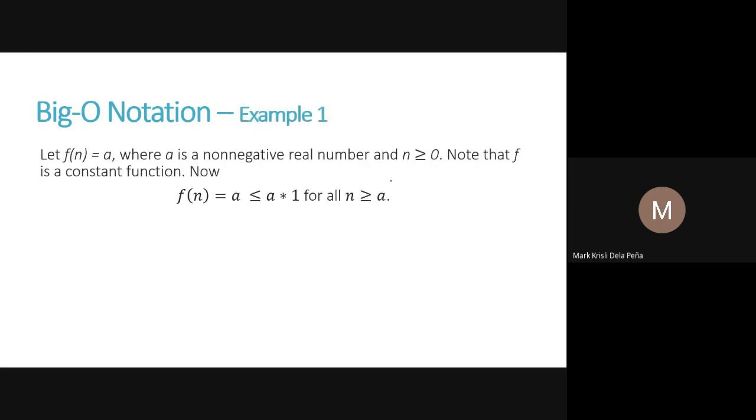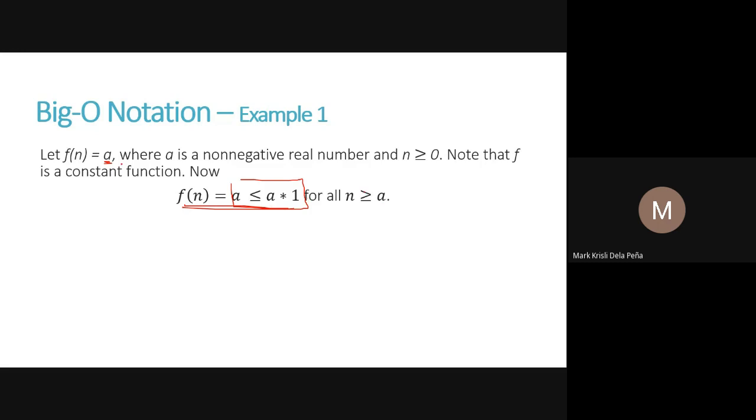Let's have this example. If we let f of n be equal to a, so this is now our growth rate, where a is a non-negative real number and n is greater than or equal to 0, then f is a function, and f of n is equal to a, and this a should be less than or equal to a times 1 for all n greater than or equal to a.